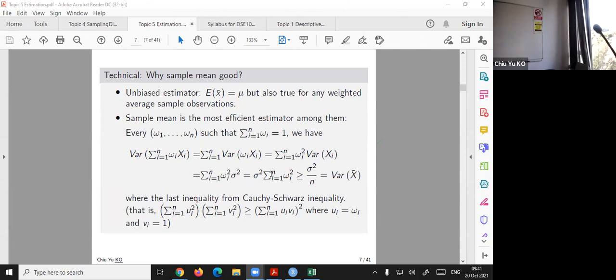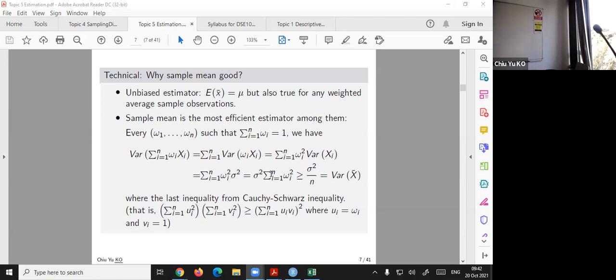Suppose I use a weighted average. I'm not going to go through every step because we need the Cauchy-Schwarz inequality, but if you know the math, it's not difficult. What it shows is that the variance of any weighted average is bigger than that of the simple average.